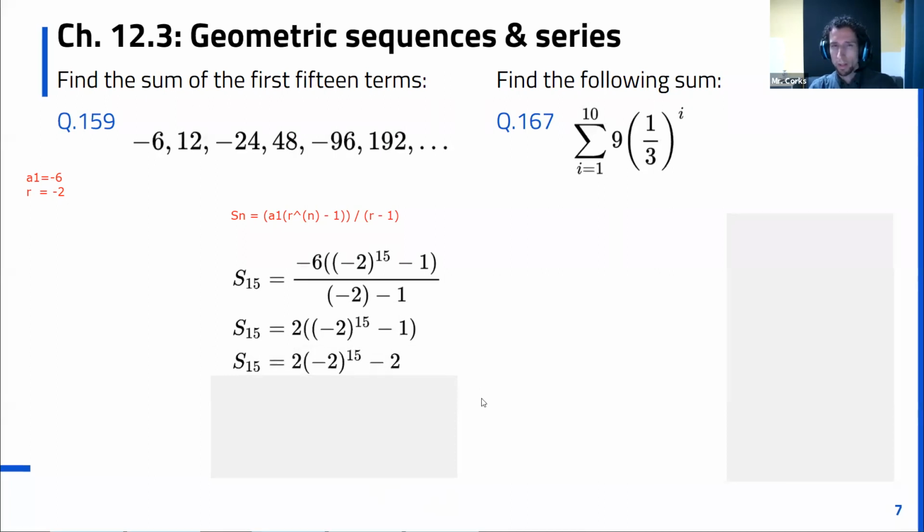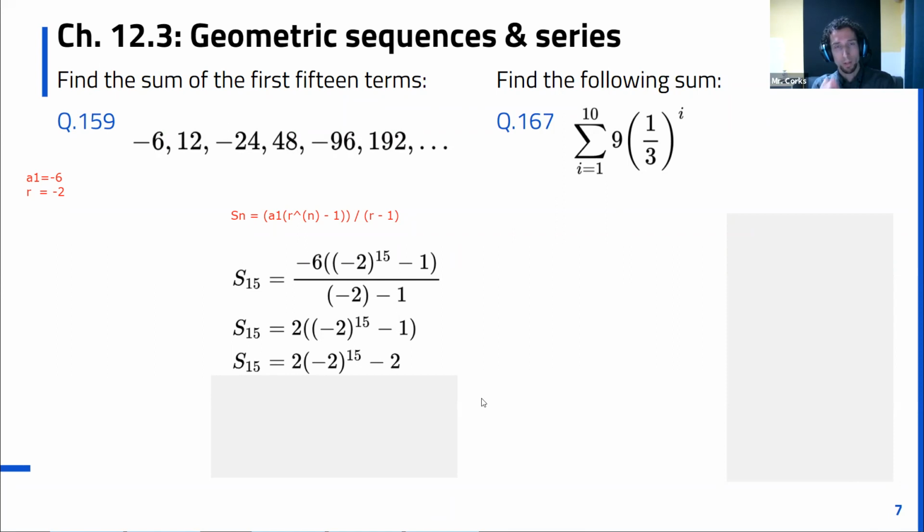Can we just directly combine the positive 2 on the outside and the negative 2 on the inside with the exponent? No, we should separate negative 1 from 2. The 2 and the negative 2 are not the same thing. They're not the same base, so we can't just combine the exponents.